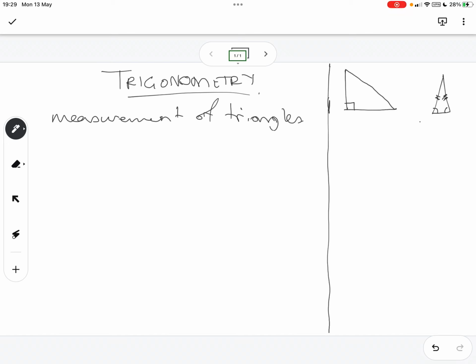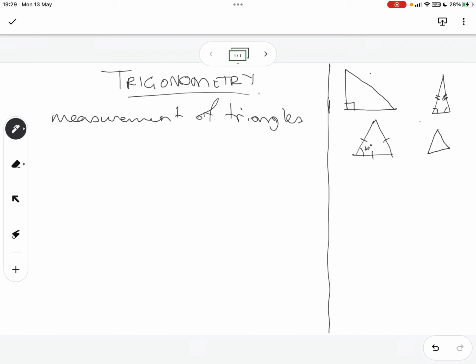We've got equilateral triangles where all the sides are equal and all the angles are 60 degrees. This one here has a right angle, so this is a right-angled triangle. This is isosceles, this is equilateral.